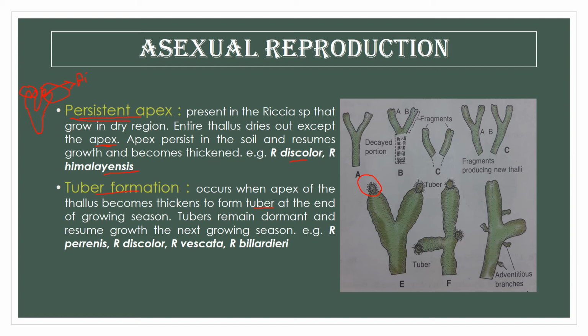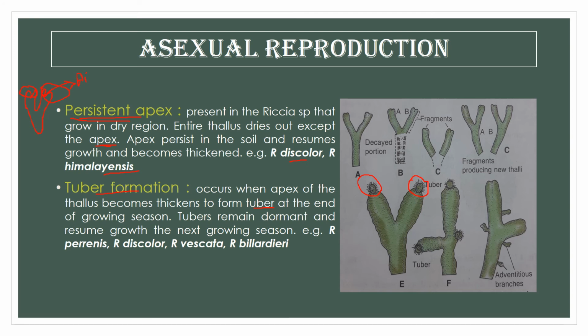The tip of the thallus accumulates a tuber-like structure that remains dormant during the entire dry period, and on return of favorable conditions, that is the high moisture season, each tuber-like structure develops into a new thallus of Riccia.